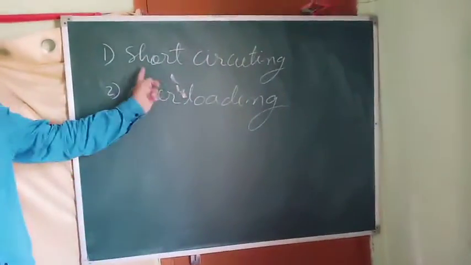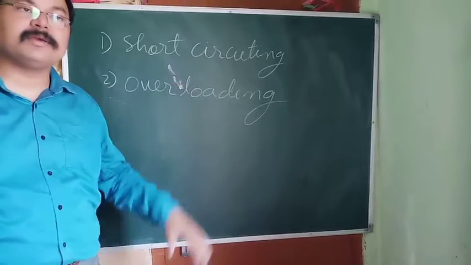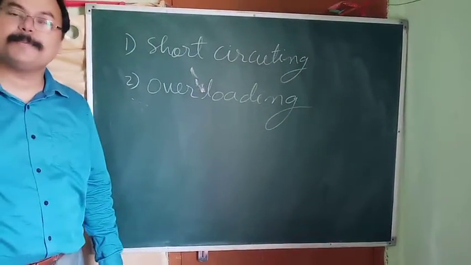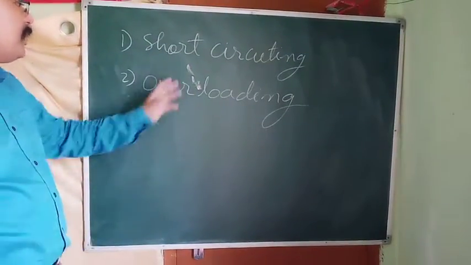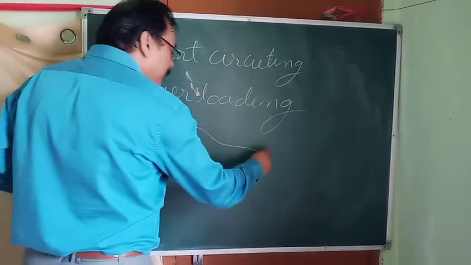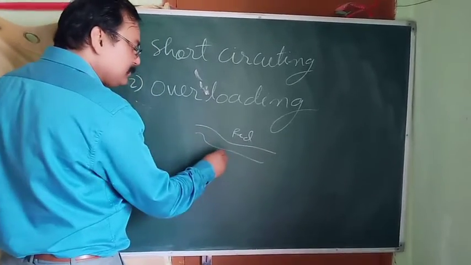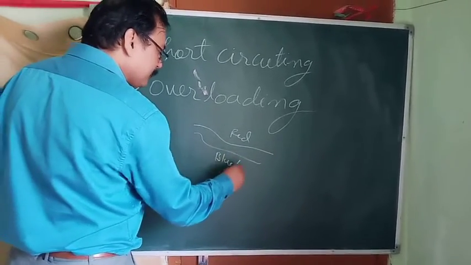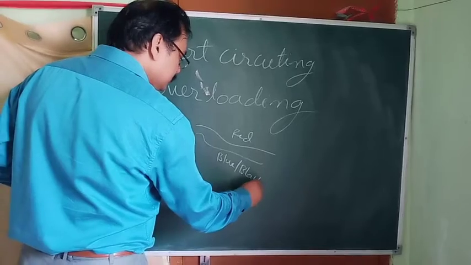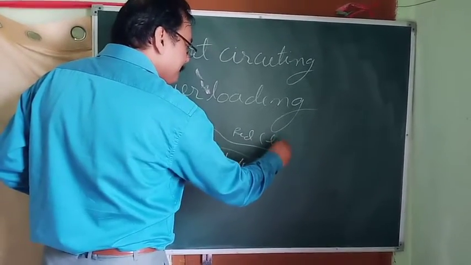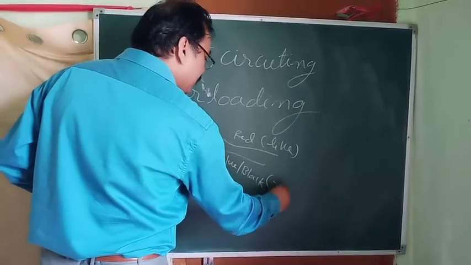Now see, there are two terms, short circuiting and overloading. Now the question arises, what is short circuiting and what is overloading? See, as I have discussed with you about the red wire, and suppose this is blue or black wire. This is live and this is neutral wire.